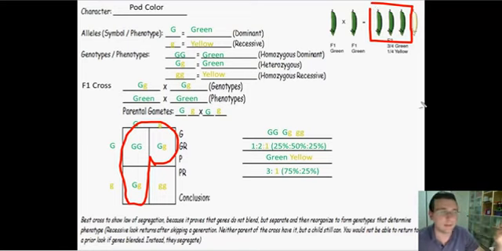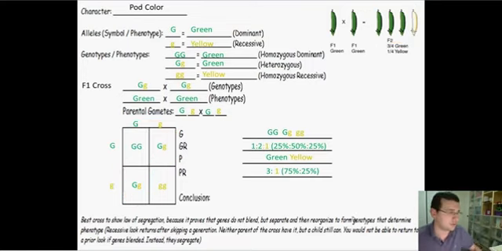There's a 75% chance of any given child being green. And then for every 4 children you have, 1 is probably going to be yellow, or there's a 25% chance of any given child being yellow. And that's why it's recessive, because in the cross it is the least likely of scenarios, because it will only happen when it's by itself or paired up with another one just like it.